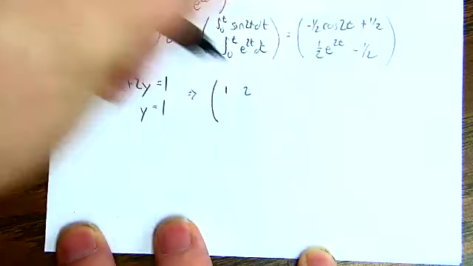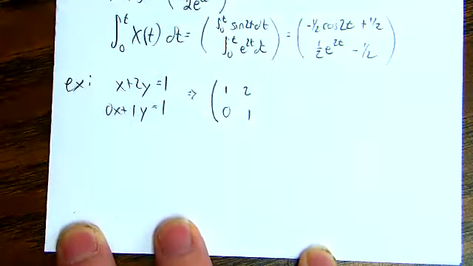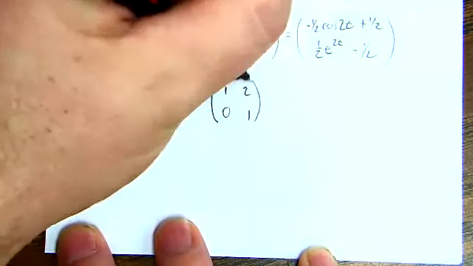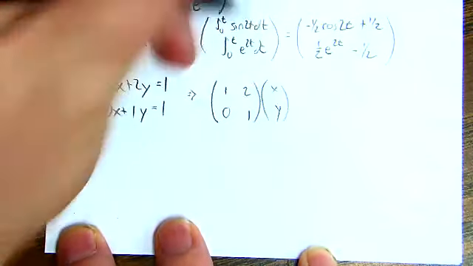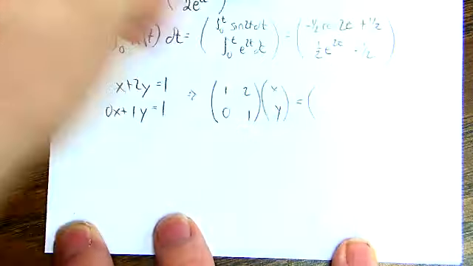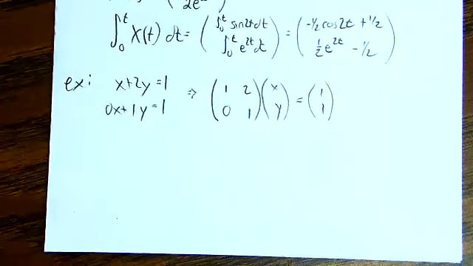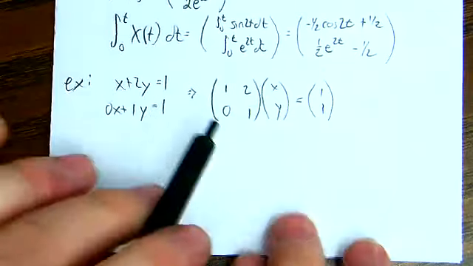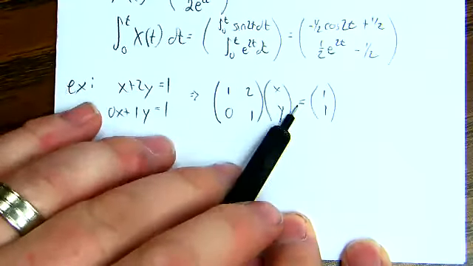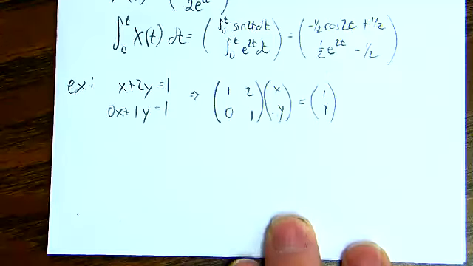I could write the coefficient matrix 1, 2, 0, 1, since this is 0x plus 1y, times the column matrix x, y, and I can set that equal to the matrix 1, 1. If I multiply this out, I get 1x plus 2y equals 1, and 0x plus 1y equals 1.